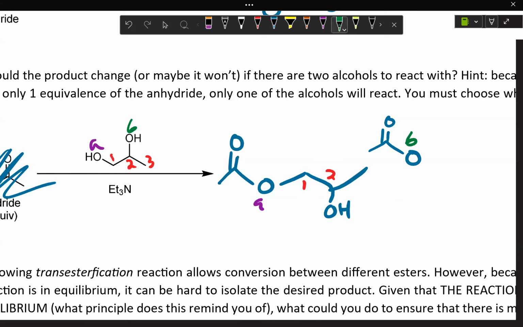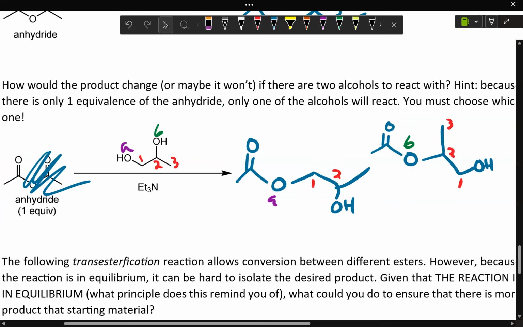So this is B. Then that's going to be attached. It's going to be like this. And 2, 3, 1. So we have 2 possible products.